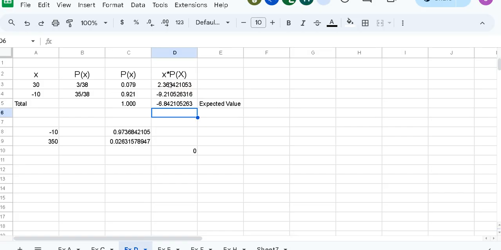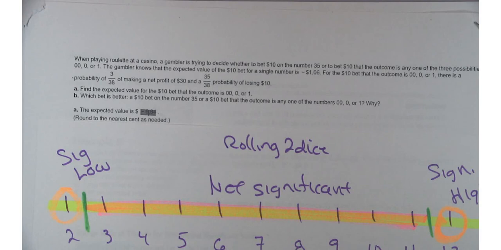So for example D, if you're betting on just any of those 3 numbers, your expected value, or on average, is what's going to happen is you're going to lose $6.84 every time you bet $10. Does that sound like a good bet? No.